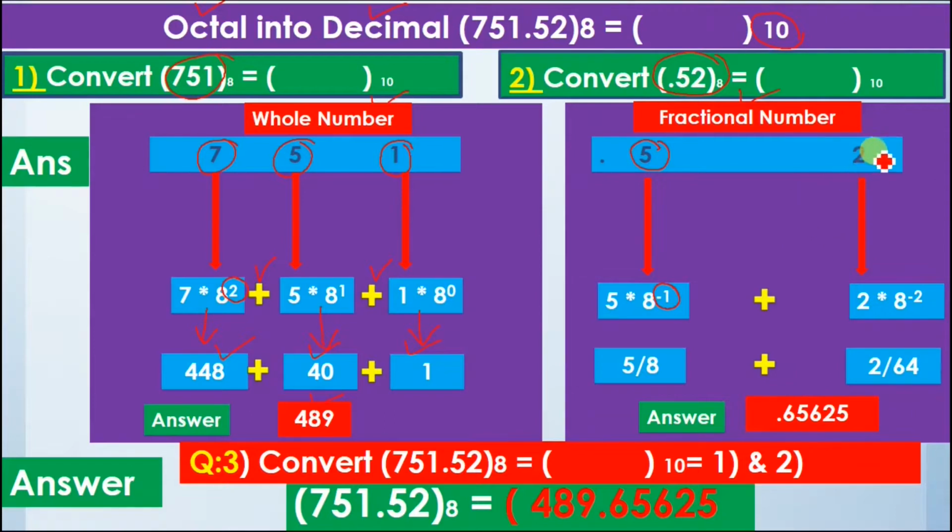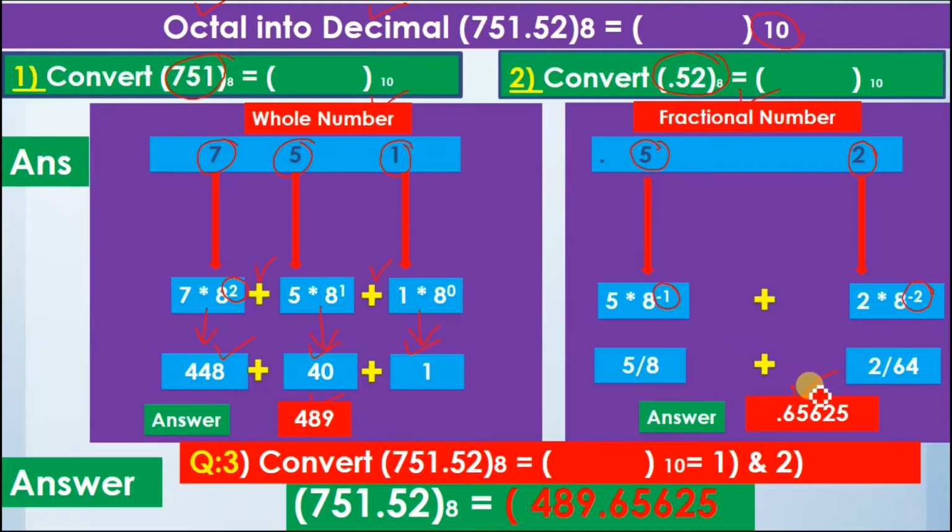Next we will take the second digit 2, and we will multiply it with 8 raised to power negative 2. So here we get the fraction 5 by 8, and here we get the fraction 2 by 64. So we add them together and we get the final answer 0.65625. So now we got the answer of the whole part and the fractional part.